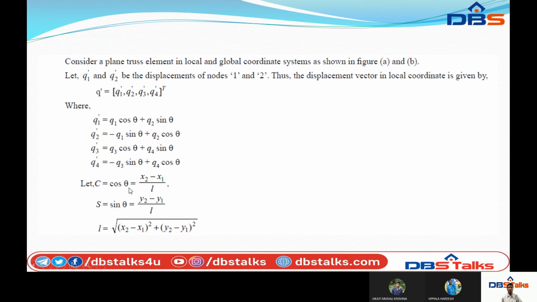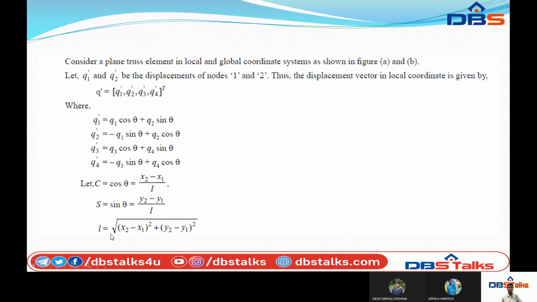As per the coordinate points x1, x2, y1, y2, cos theta, C, equals x2 minus x1 by L, and sin theta, S, equals y2 minus y1 by L. This is the formula for C and S.